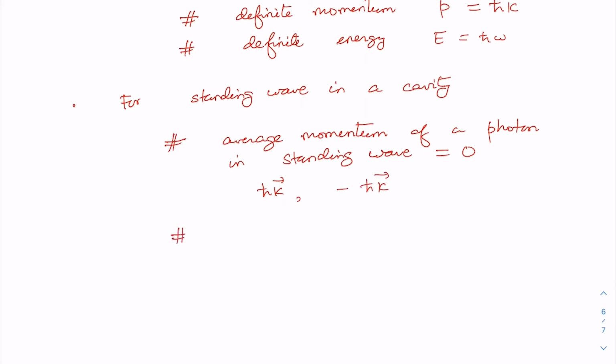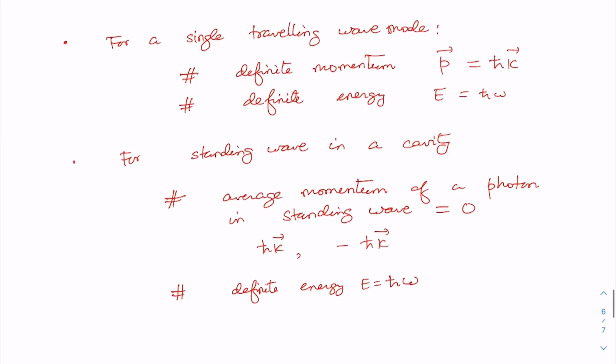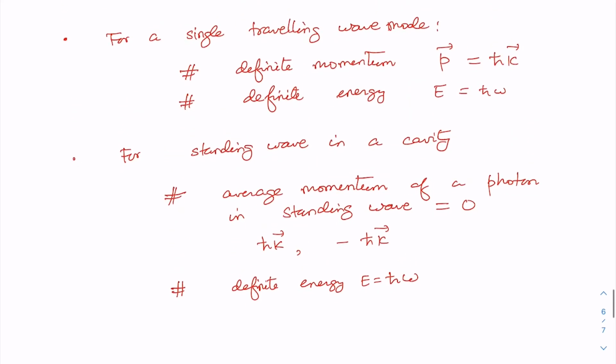However, the photon in a single standing wave will have a definite energy, so that would be h cross omega. Okay, this is the fundamental difference between standing wave mode and the propagating wave mode for a single mode I'm talking about.